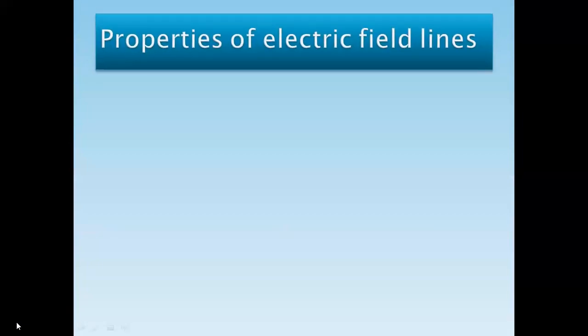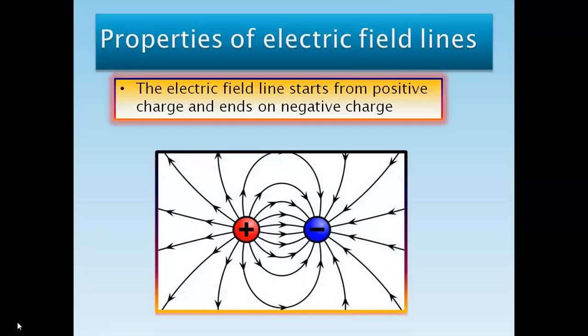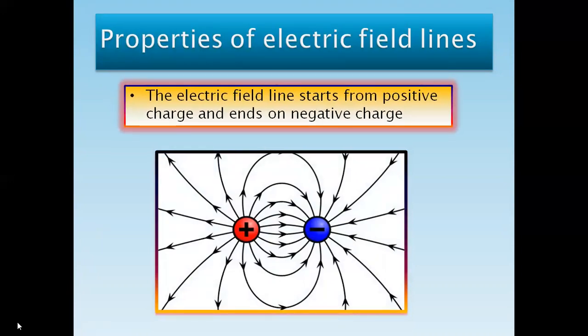Next, our final topic is properties of electric field lines. For that, we are again considering this diagram of a dipole. First property is that electric field lines start from the positive charge and end on the negative charge. The electric field lines, or electric lines of force, originate from the positive charge and end on the negative charge.